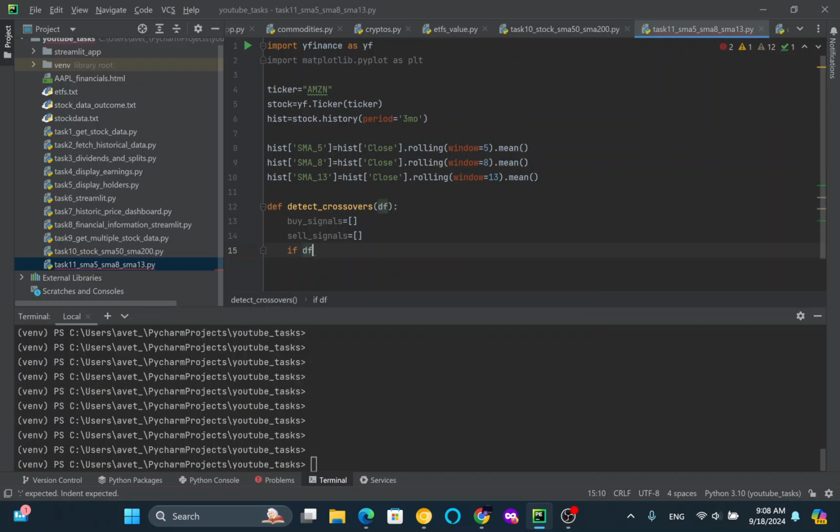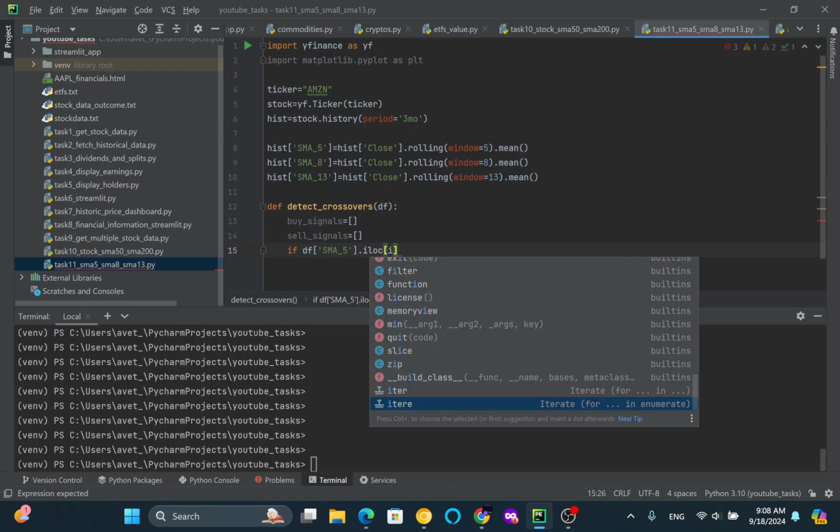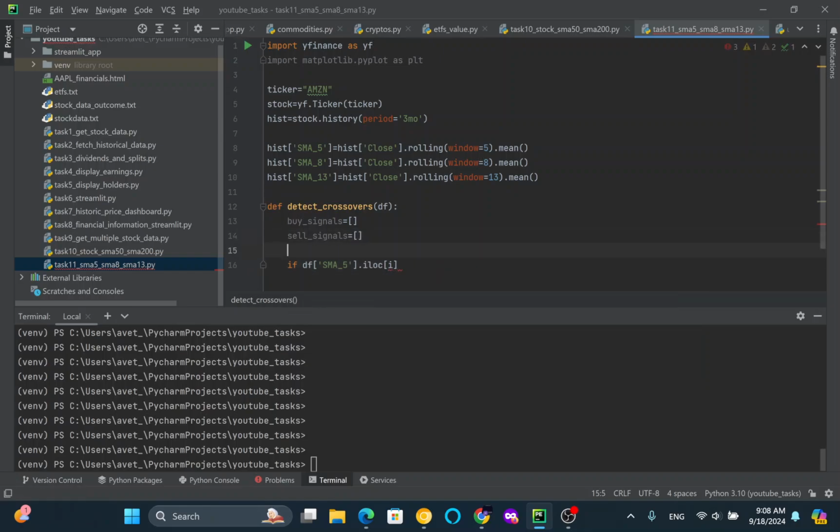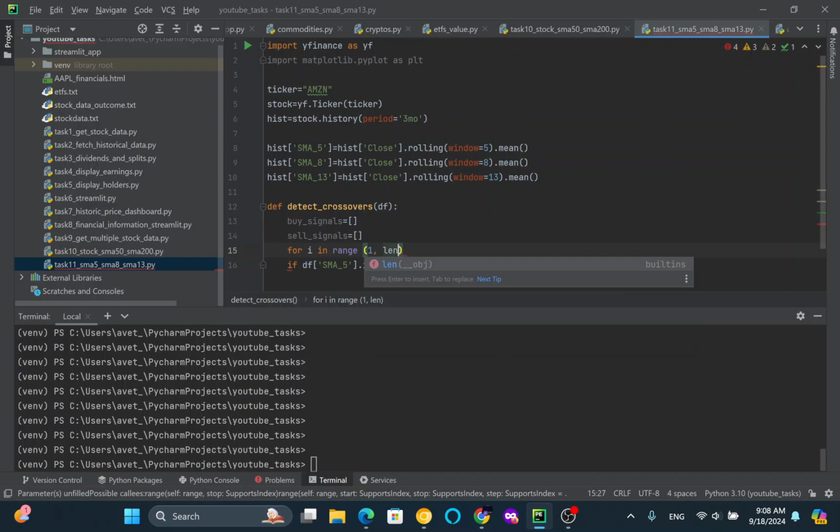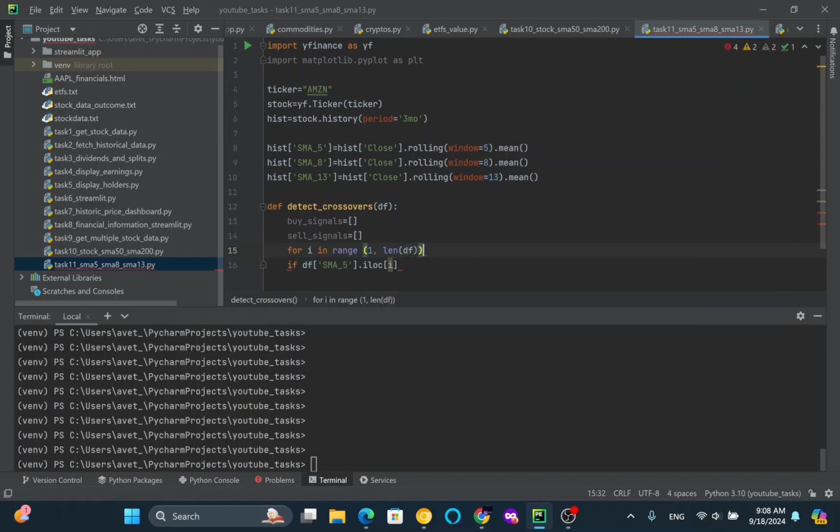To open the loop, for i in range 1 to the length of our data frame, do the following.